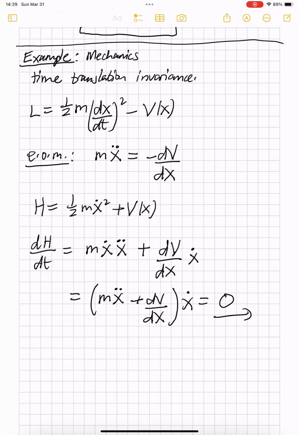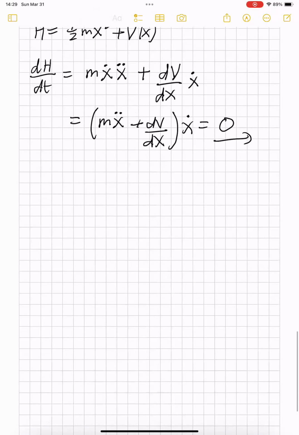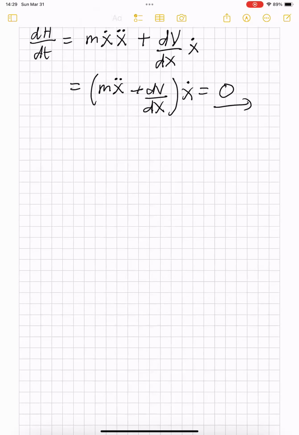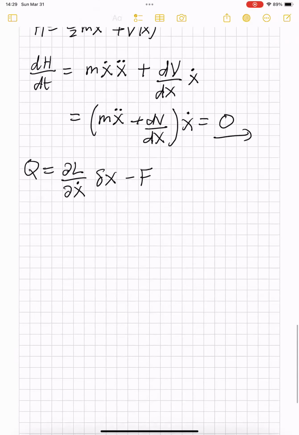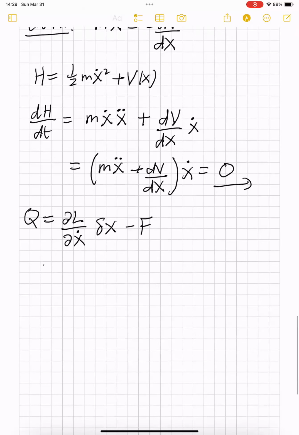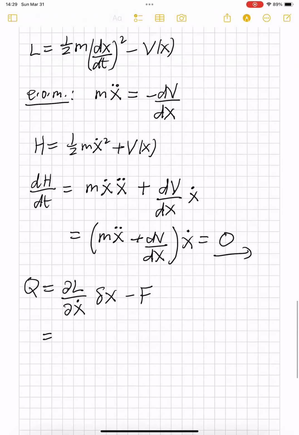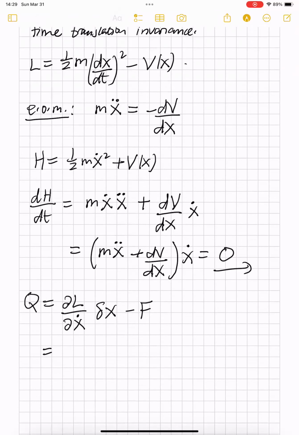Now let's try to get this by applying Newton's theorem. So to apply Newton's theorem, we know that the Newton charge is equal to dL/dx dot times delta x minus f. And let's calculate the different ingredients that are going into this expression. So this is the Lagrangian over here, which is, of course, just m over 2 x dot squared minus V of x.